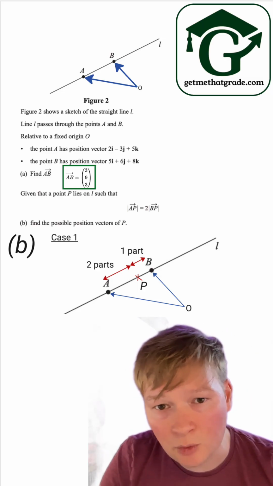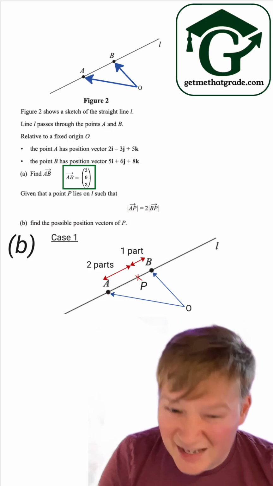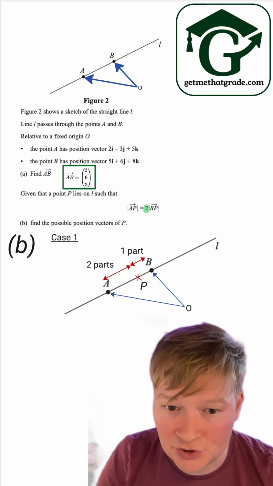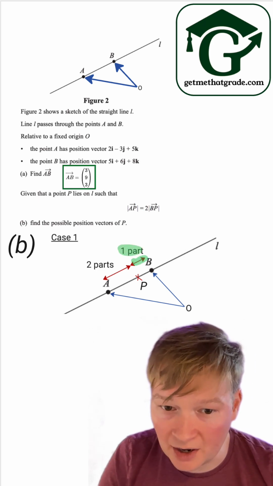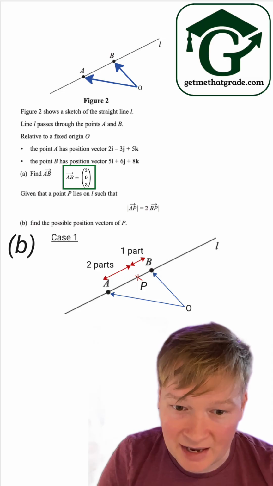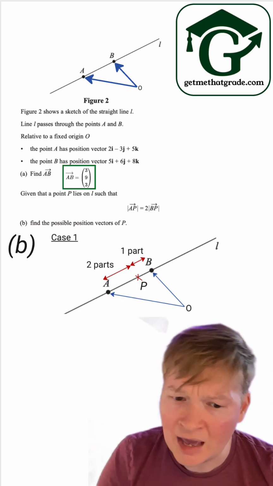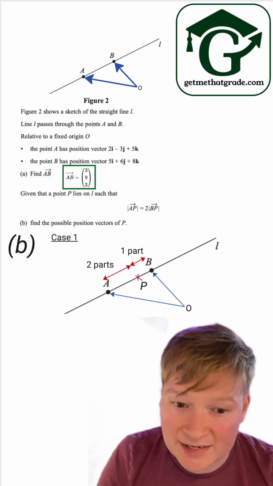Think carefully about what that means. Think carefully about which length is longer of A to P and B to P. Well, it's A to P. To get A to P, we have to multiply B to P by 2. So, if this is B to P, if that's one part, then to get A to P, we have to double it. We'd get 2 parts. How many parts altogether? 2 parts plus 1 part makes 3 parts here.